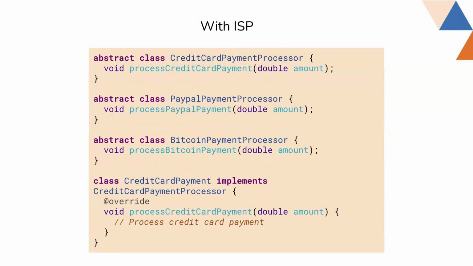So if anyone wants to use the credit card, they can just call this credit class and implement it, and we only have to override the process credit card payment method. So at the bottom one, we're not bothering about the PayPal one, the Bitcoin one, or any other payment processor. So that's how basically the principle says we only need to use the exact interface that we need.